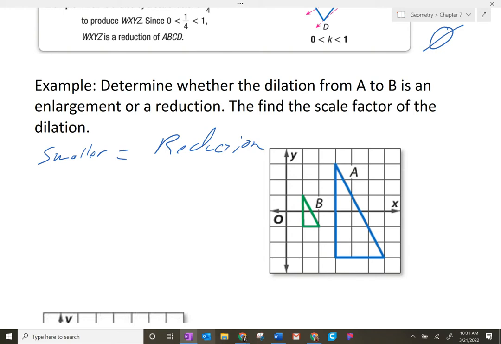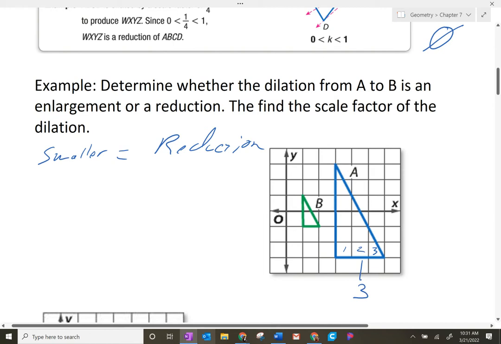Don't do one of these diagonal ones. It'll still work the same, but it's a lot more work. So I'm just going to do the bottom of these ones. For shape A, how many spots is it going across? All right, so I've got one box, 2 boxes, 3 boxes. The length of this is going to be 3.